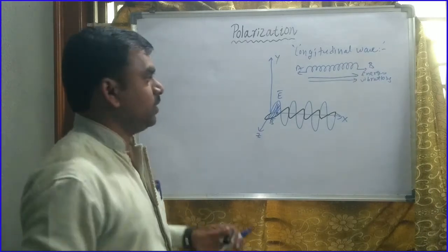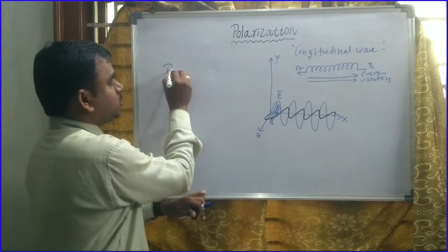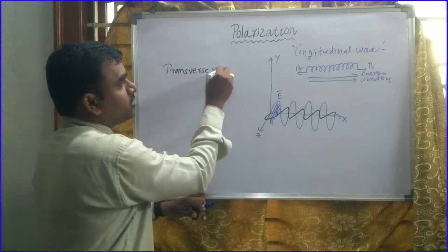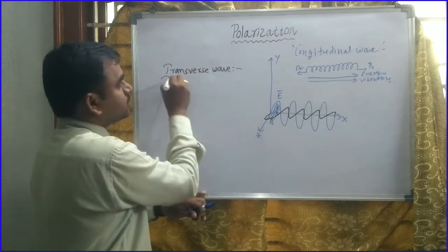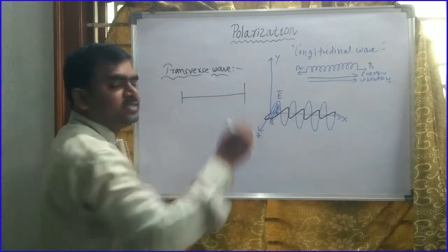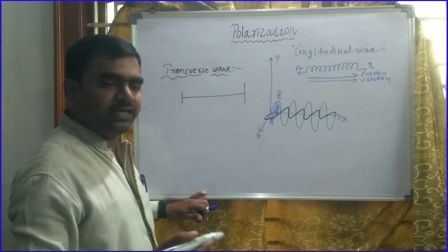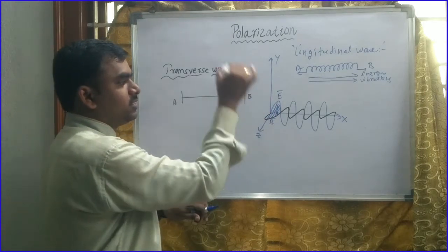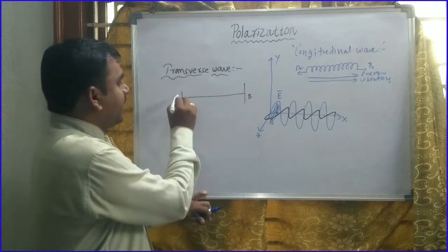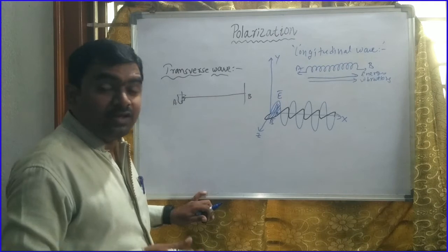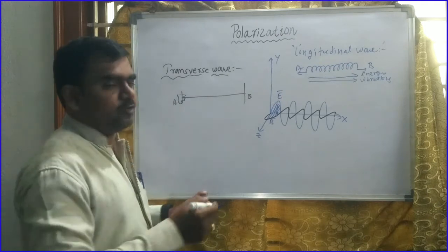Now, come to the second one. What is a transverse wave? To understand that, a small example you have already learnt. Just take a string or a rope. One end is fixed, that means this side I have fixed. And the other end you hold with your hand and apply a little bit of force on it.